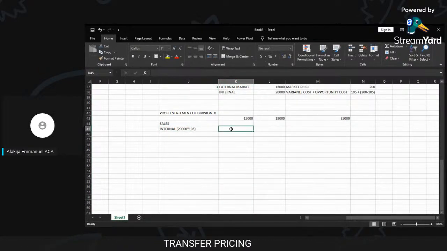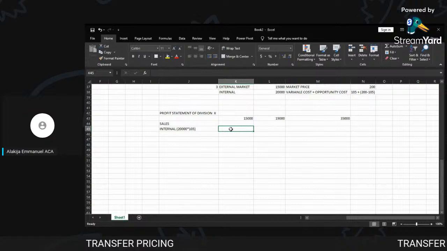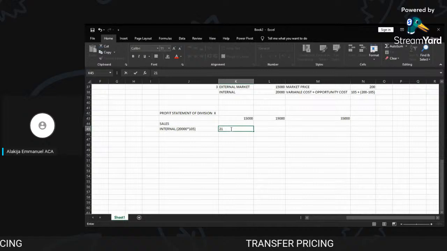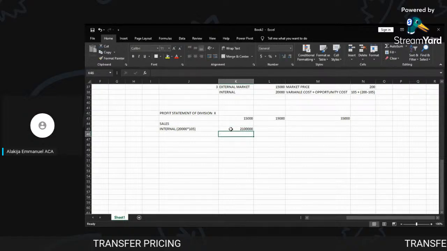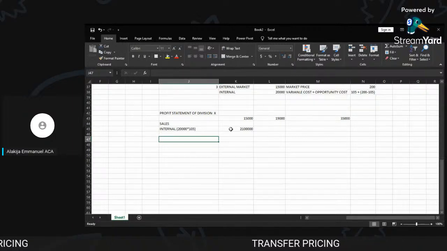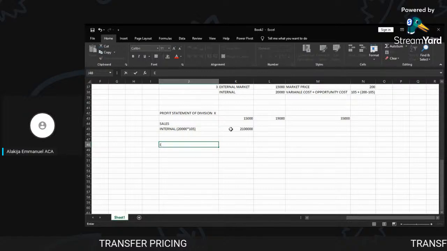So 20,000, which is going to be 2.1 million. Then we have external demand.